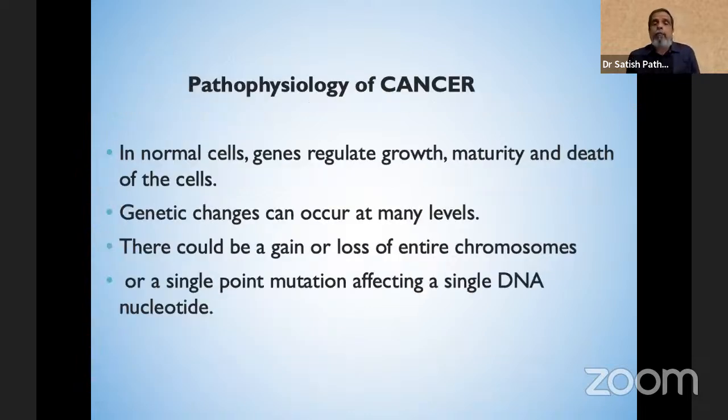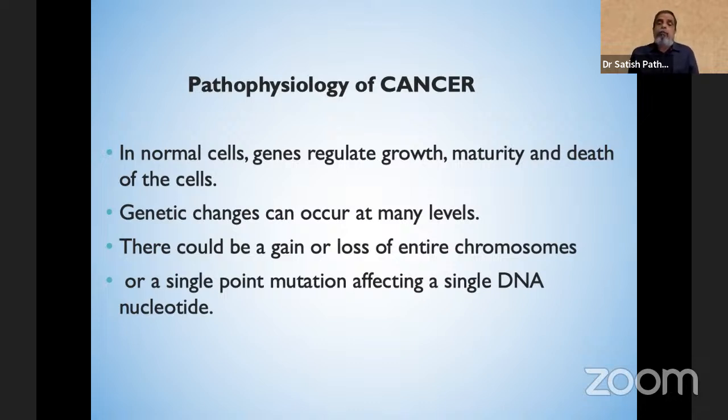Now, pathophysiology of the cancer. In normal cells, genes regulate the growth, maturity, and death of the cell. The genes which are there in the DNA, in the cell, govern the activity of the cell. Genetic changes can occur at many levels. There could be a gain or loss of an entire chromosome or a single point mutation affecting a single DNA nucleotide.